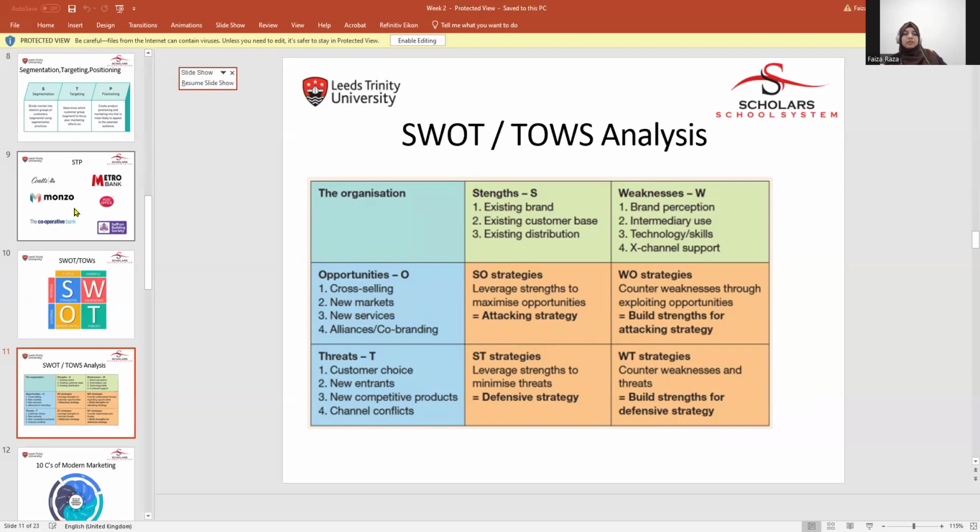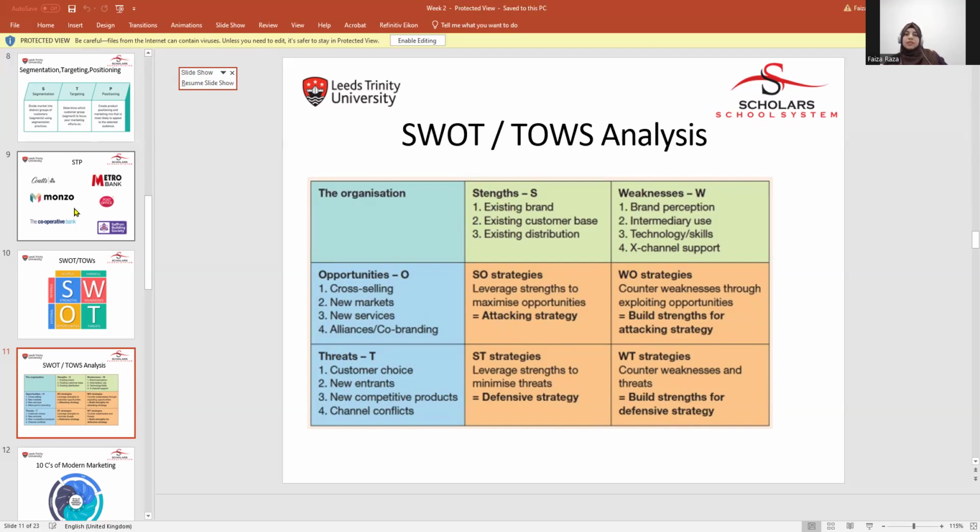Weaknesses could be brand perception, intermediary use, technology skills, and external support. Opportunities can be cross-selling, new markets, new services, alliances, or co-branding. Threats could be customer services, customer choice, new entrants, new competitive products, or channel conflicts.